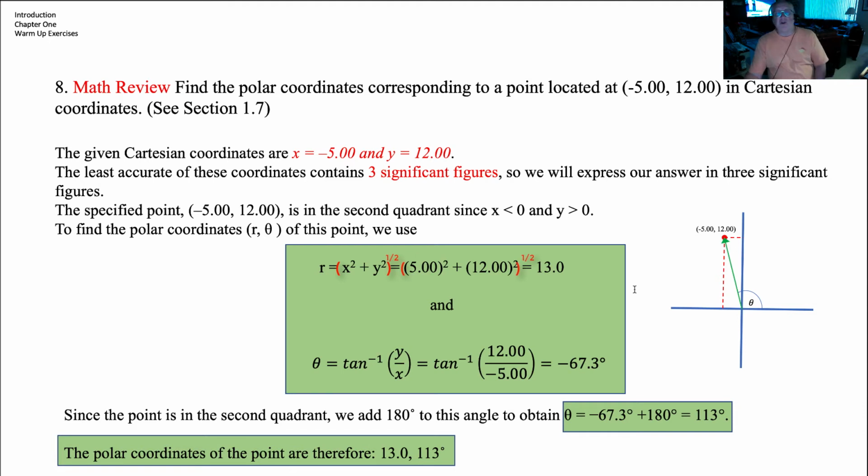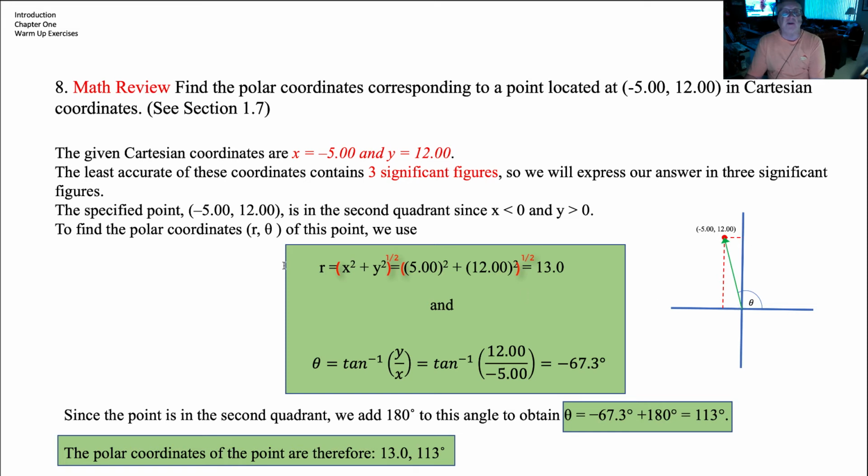To do this, we're going to learn that we have some mathematical procedures that we have to go through. And these procedures are going to be very important in you learning how to do vector representations, because you will have to convert from one form to the other. The given Cartesian coordinates then are x equals -5 and y equals 12.